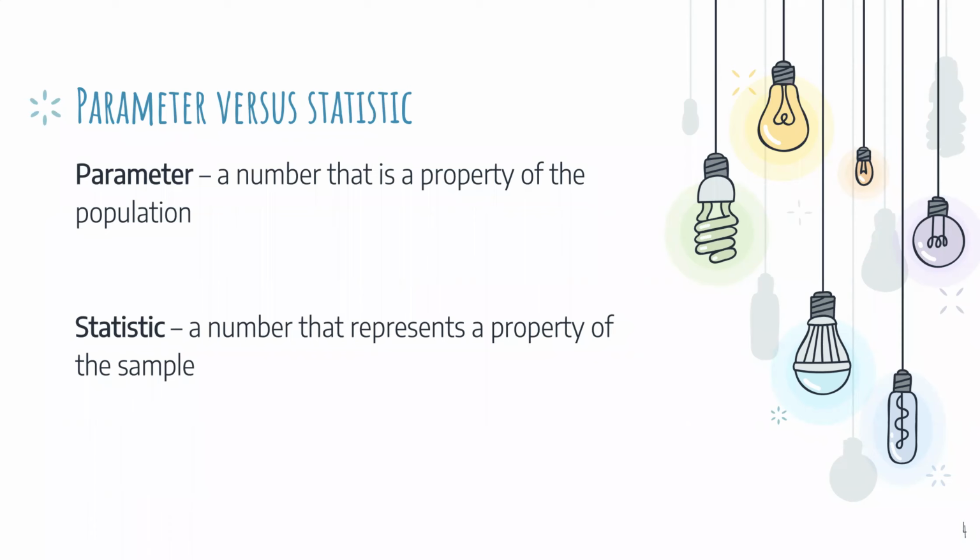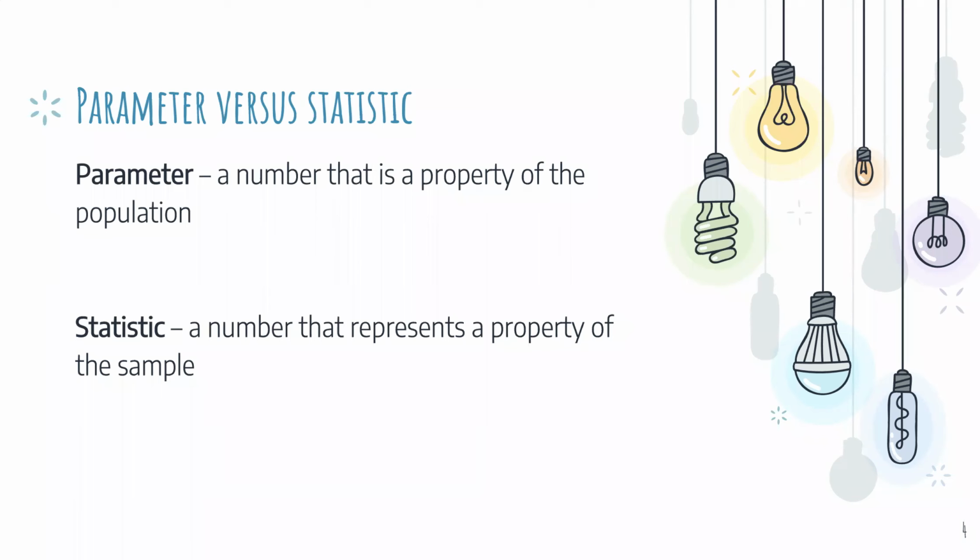When we talk about statistics with the S, we go back to the science of collecting the data and interpreting the data. Statistic without the S at the end is a number that represents a sample. It's a property of a sample. So it's very important to make the difference between those two.